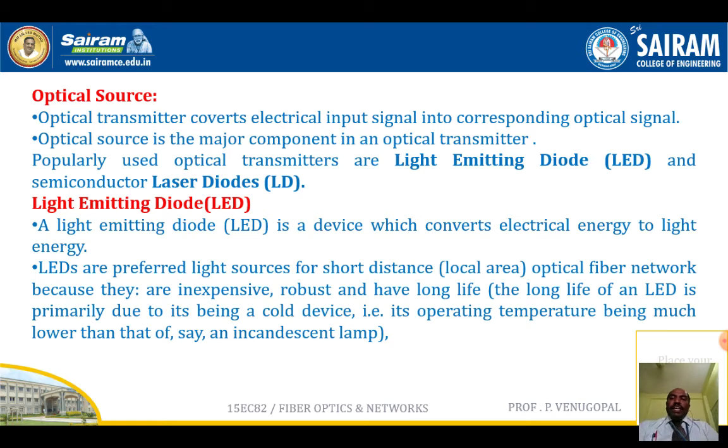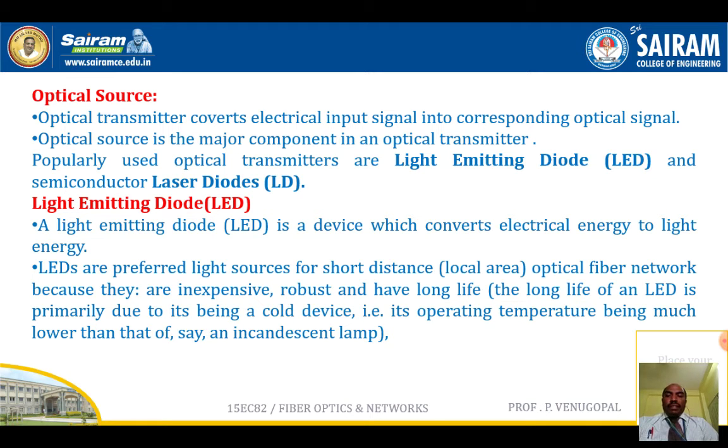Next thing is the optical source. As you know, you already studied the block diagram of the optical fiber communication, which consists of the major blocks like the transmitter, the receiver, and in between the optical fiber as the transmission medium.